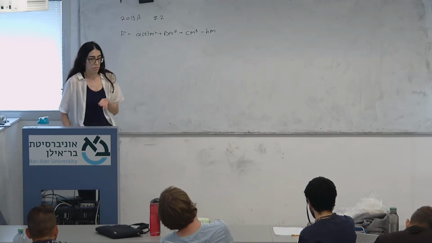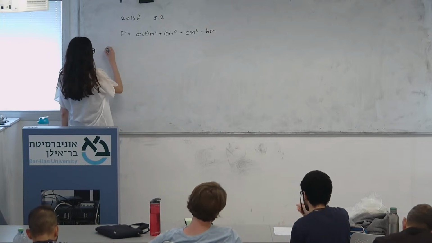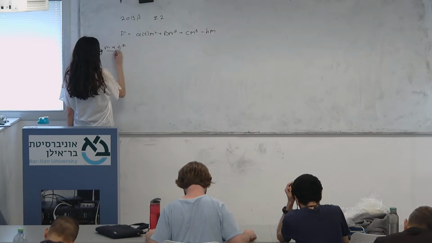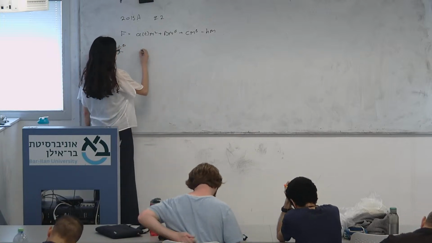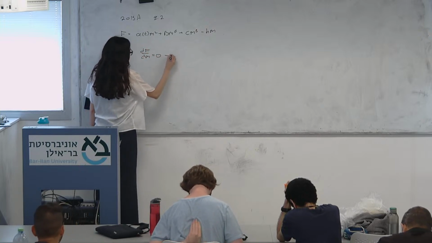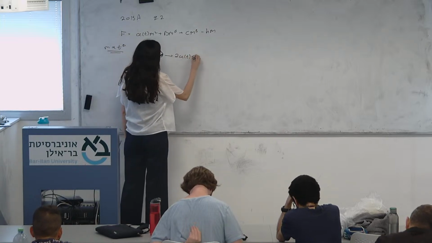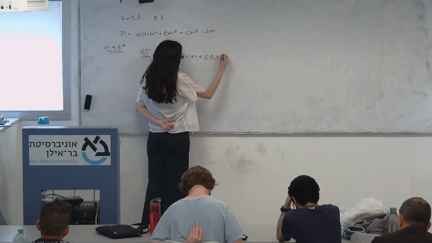So let's start with beta because we already did it, so we know how to do that. For beta, we take the derivative of the free energy, so df dm, which gives us 2a m plus 6b m to the power 5.